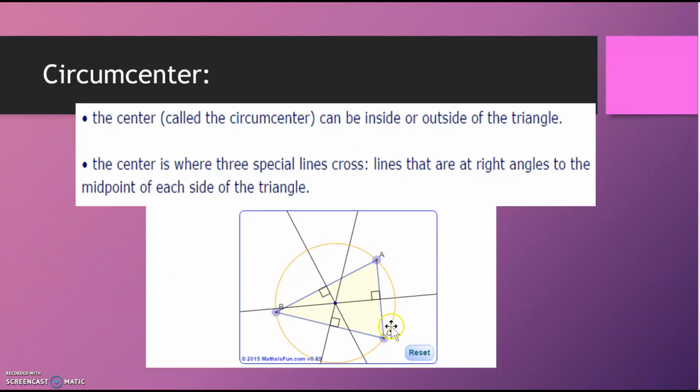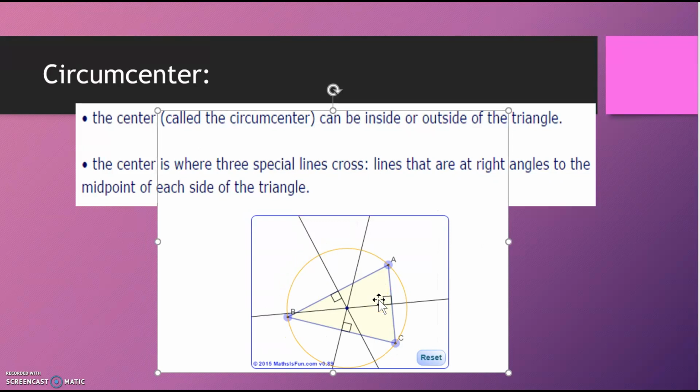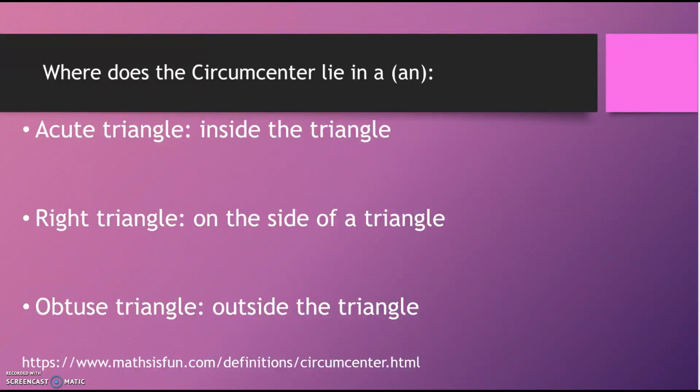They bisect this side of the triangle in half at a right angle. An acute triangle has it inside the triangle. A right triangle has it on the side of the triangle, and we'll talk about that when we do our examples. And then an obtuse triangle has it outside the triangle.